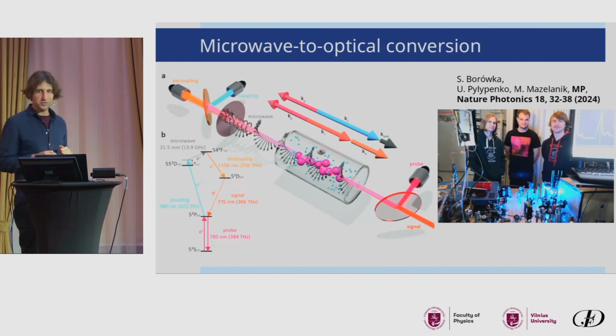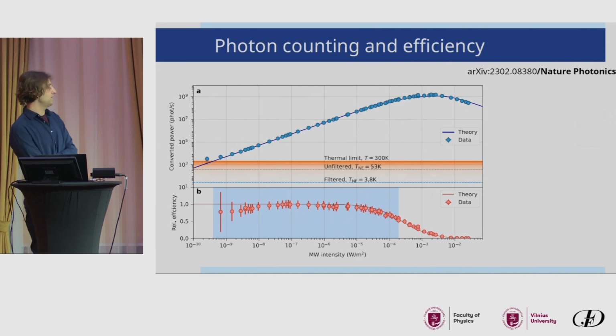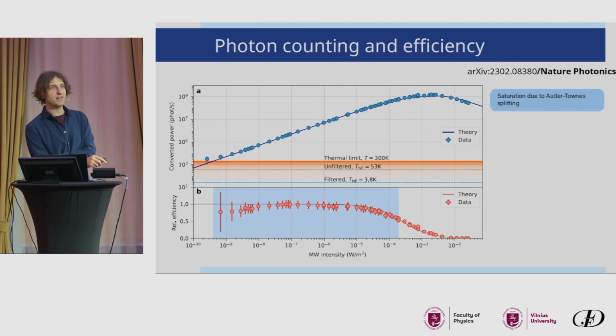And we are able to use a photon counter to detect those photons, and it has a very nice dynamic range from the level of very low intensities to intensities that are already very detectable using other methods. So here, when we have the saturation, this is in fact where we already get the nice Autler-Townes splitting. So we can nicely calibrate our field because we know the dipole moment from Fourier considerations.